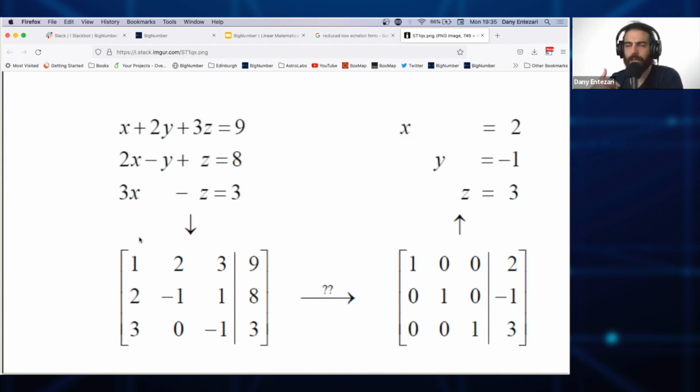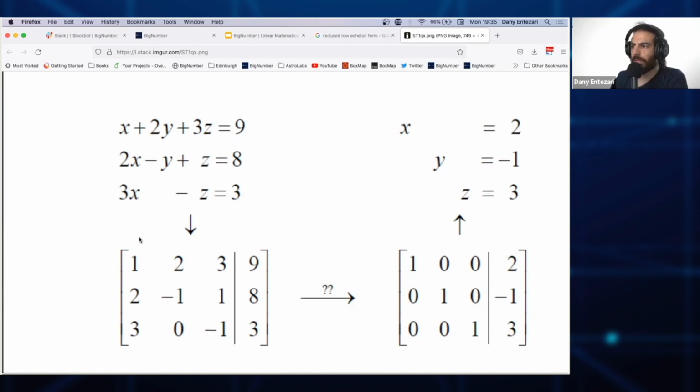You have to do a lot of manual arithmetic, which brings us to Python. With Python, we can solve systems of linear equations like this almost instantaneously. So we don't have to do this by hand, but we still want to have the capability to do it.